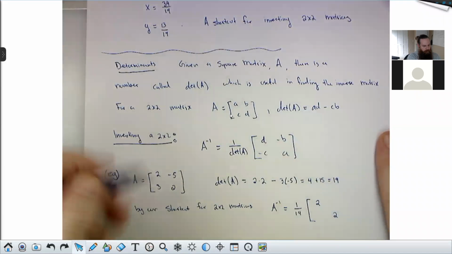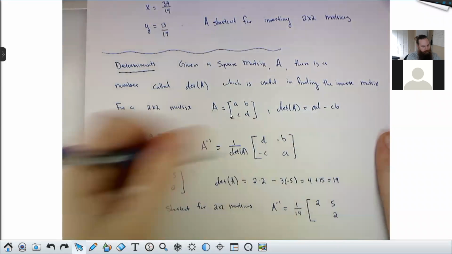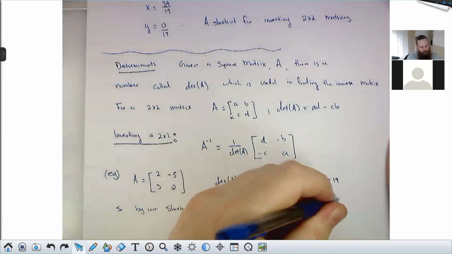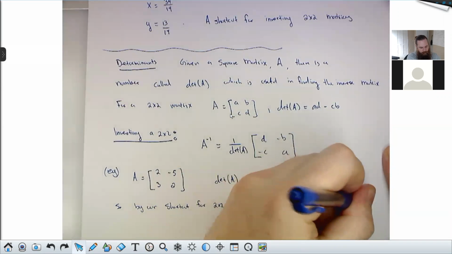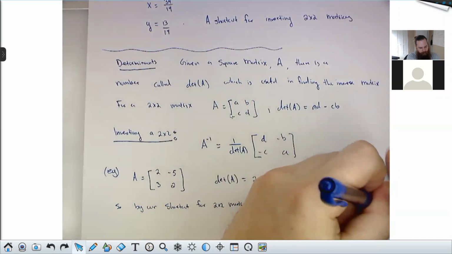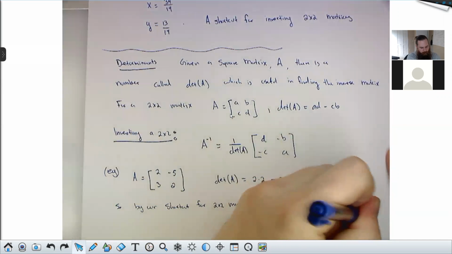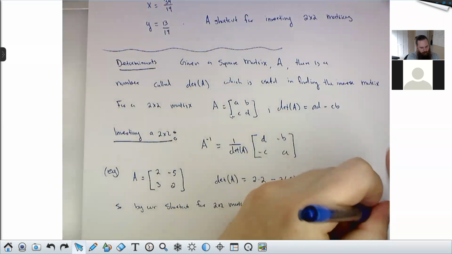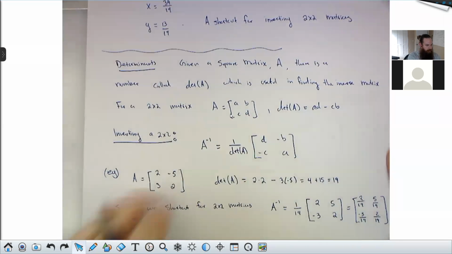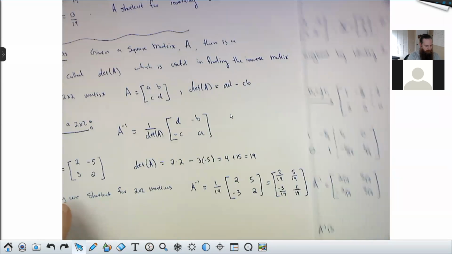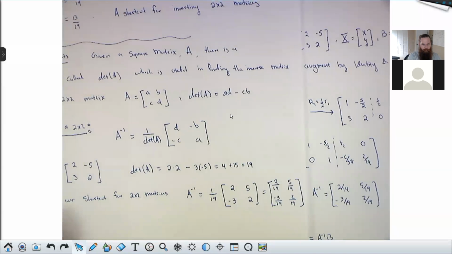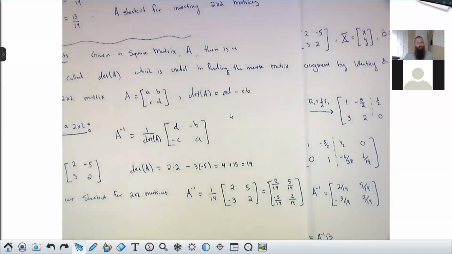And then I negate each of these. -5 is +5, -3 is -3, which is 2/19, 5/19, -3/19, and 2/19. And if you compare that to what we had before, here it is, they're the same. So this shortcut gets you around the row reduction. Only works for 2x2s, unfortunately.